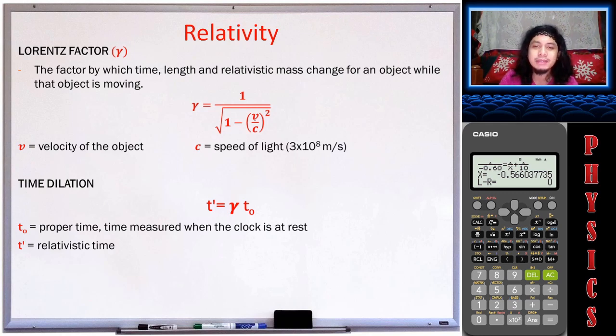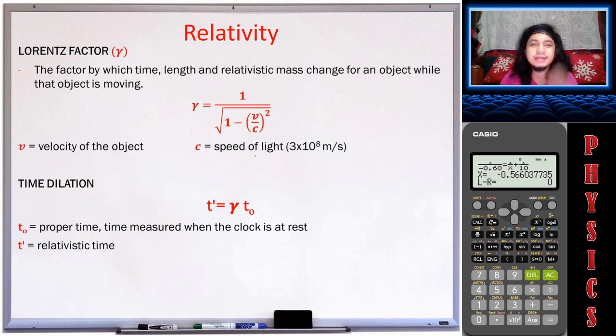Paano pag c na mismo? c over c, 1, squared 1. 1 minus 1, 0. So, 1 over 0, undefined. And that explains why you cannot exceed, hindi mo siya mae-equal yung speed of light. Hindi pwedeng kasing bilis ka ng speed of light, kasi hindi na siya tatama sa ating equation na Lorentz factor.